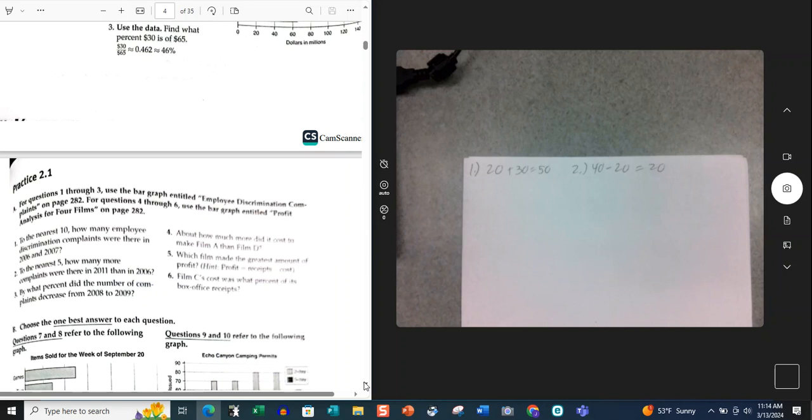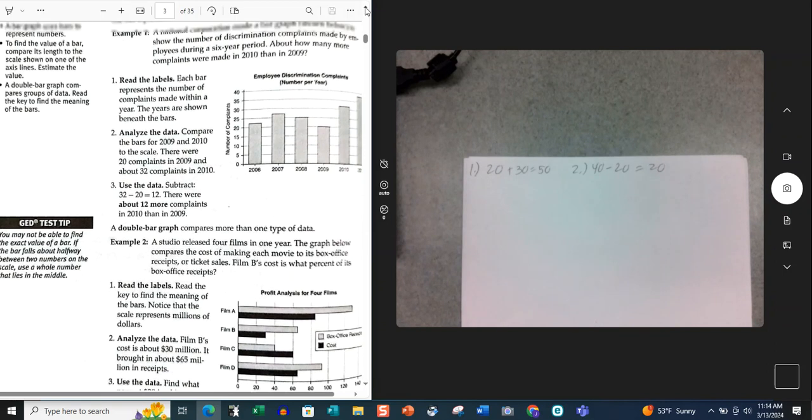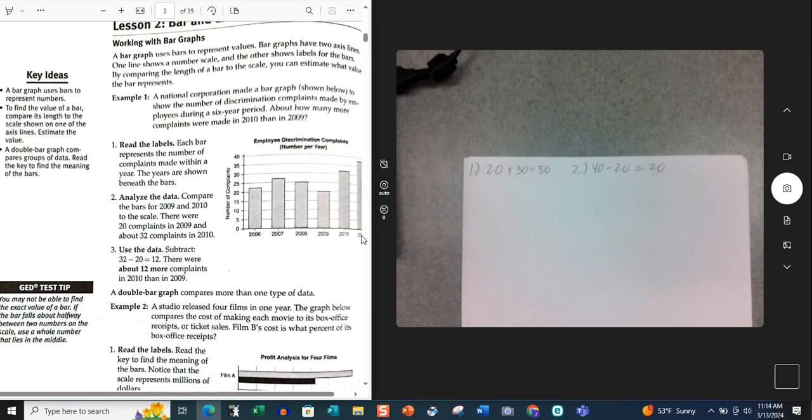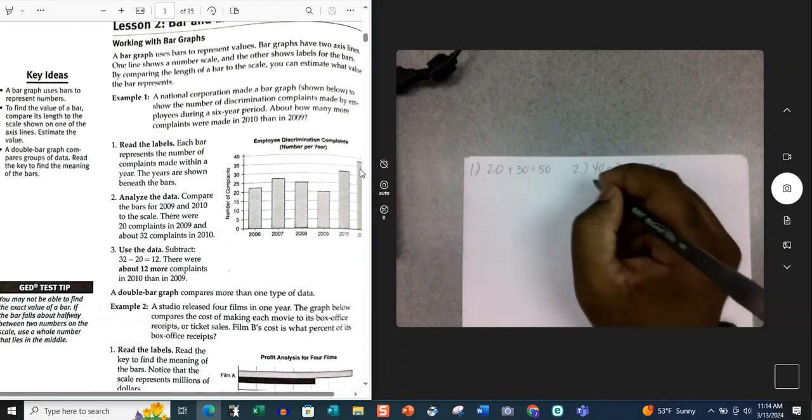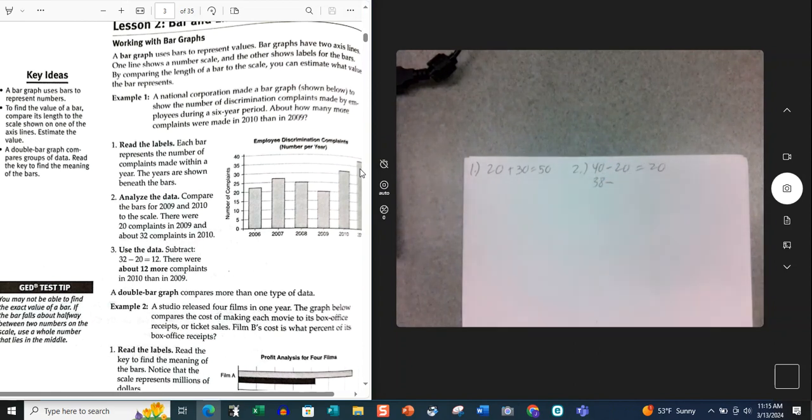Now, that's typically not done that way. Usually you round first and then you subtract and get your answer. But according to this, they wanted you all to subtract first and then round. So if we're taking that into consideration, 2011 is about 38. And then 2006 is about 22.